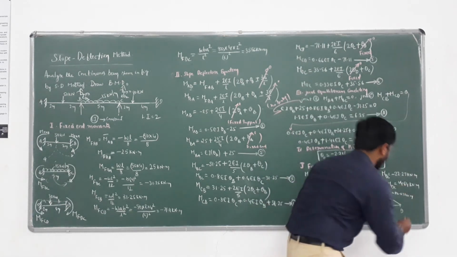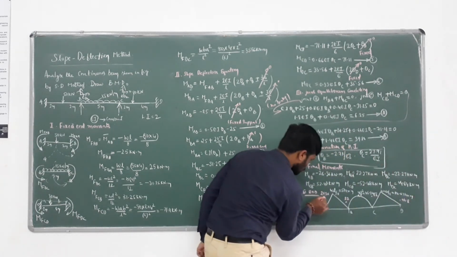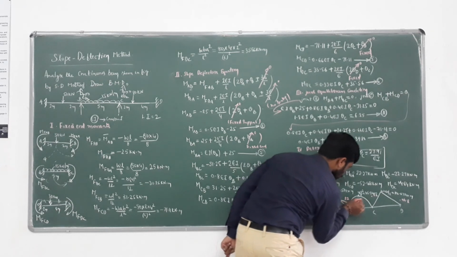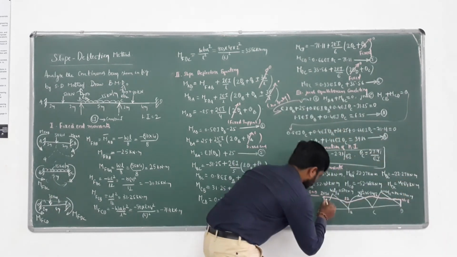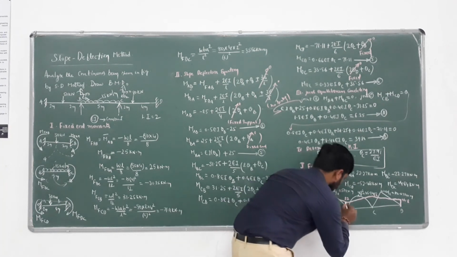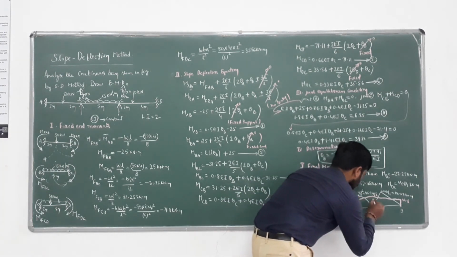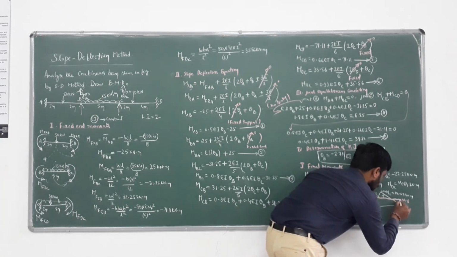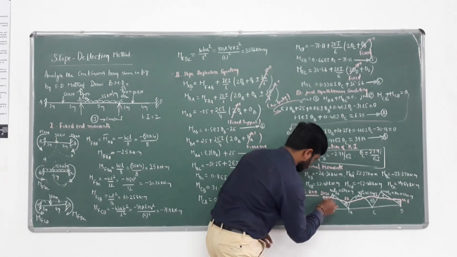Next, it will become 44.8. I will just join this, 0. This is negative. This is positive. Negative. Positive. Negative. You just shade these portions.